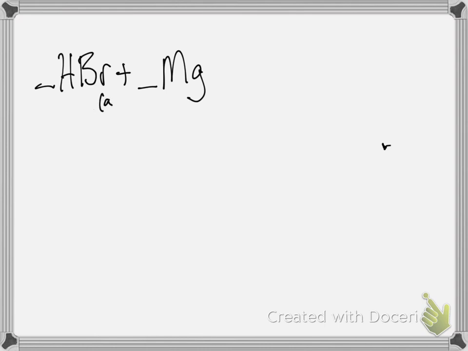This time it's going to be a whole lot less of me talking and you doing the work, okay? Let's go to D. You have HBr plus, I think, magnesium, right? There we go, thank you. And it should be aqueous. And this should be a solid.